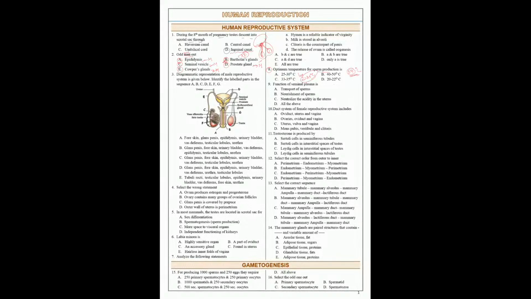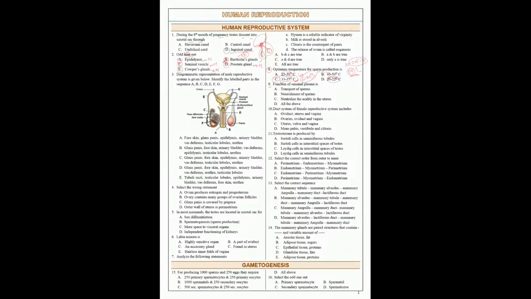So 2 to 2.5 less means approximately 34.5 to 35. So 33 to 35 degrees Celsius will be the correct answer here. Because 40 and 50 is not correct, 25, 30 is not correct, 20 to 22 is very much less than the body temperature. So the correct answer is 33 to 35 degrees centigrade.